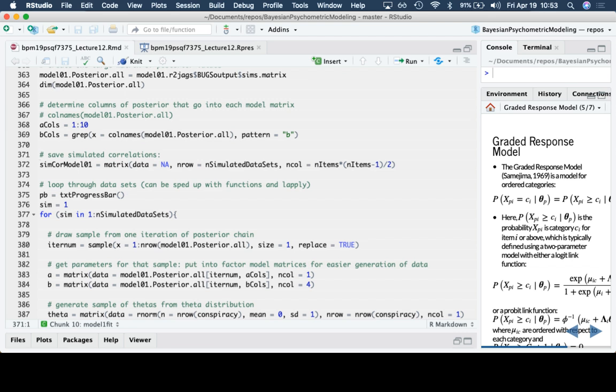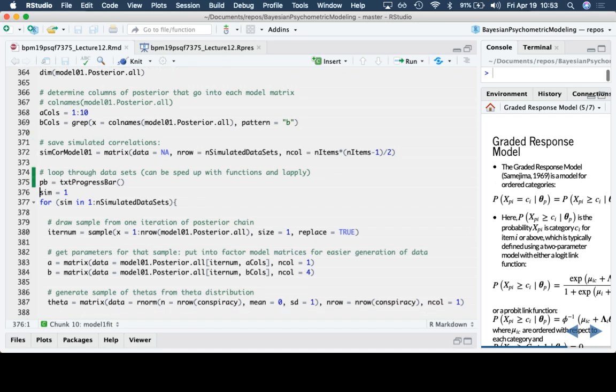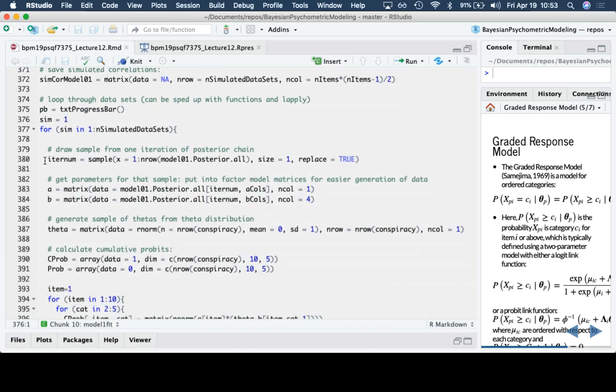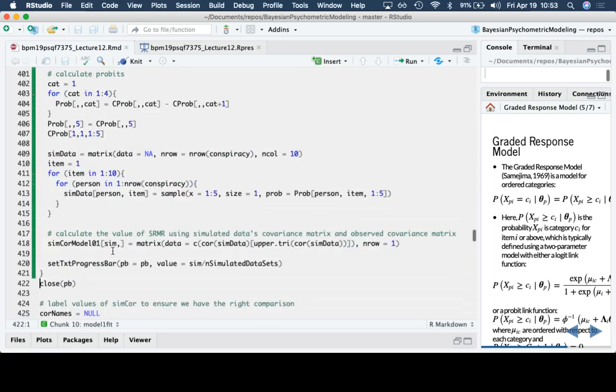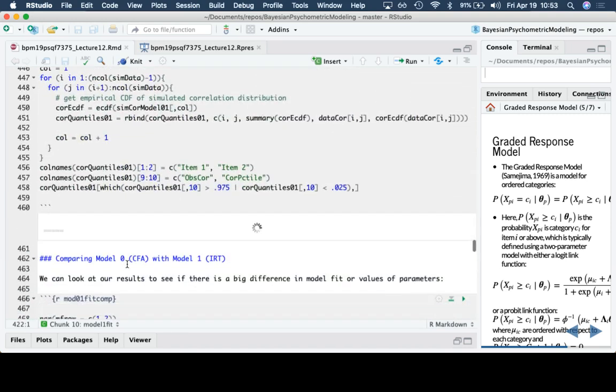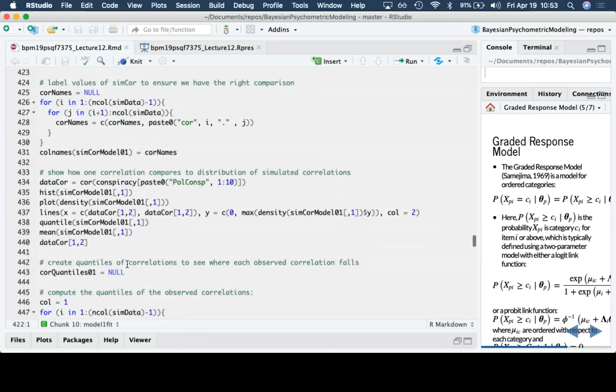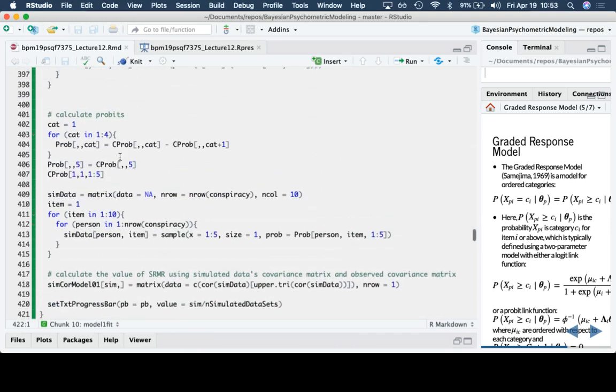That'll be our posterior predictive correlation distribution. This loop takes a little bit more time, because to do the graded response I've got extra loops inside of it per person per time. I probably could have found a way to speed it up.